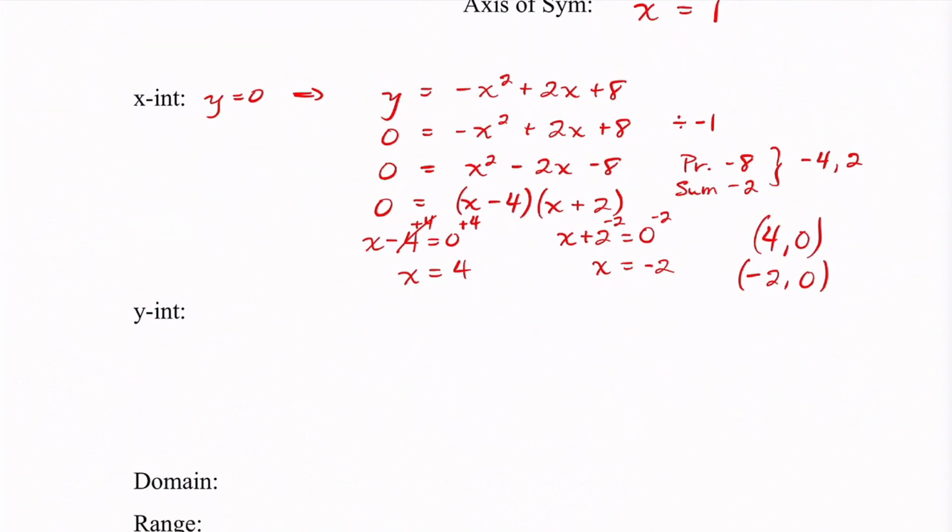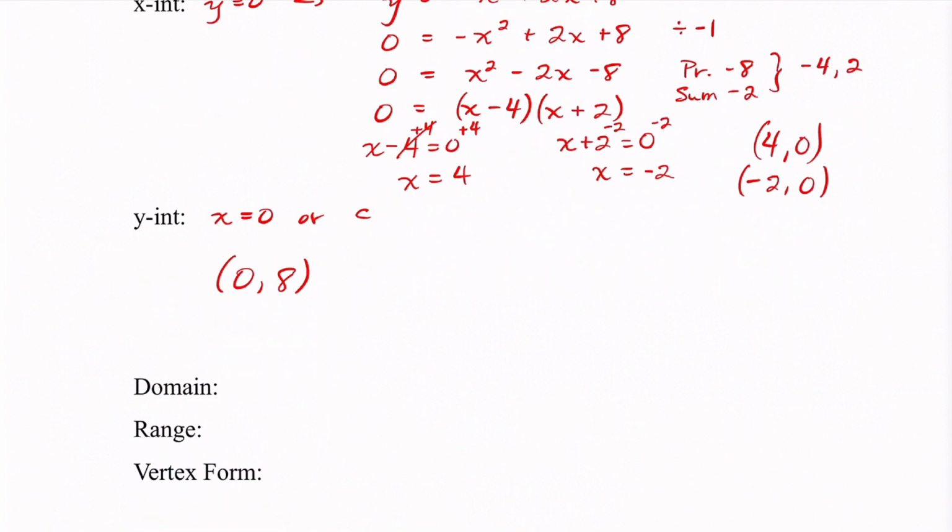Y-intercept, usually this one's a little bit easier. It's when x equals 0, or it's just the c value, whatever is at the very end here. So that +8, I know my y-intercept is going to be at 0 and 8. Domain, again, that one's simple. It's always x is an element of the real numbers, with curly brackets around that.